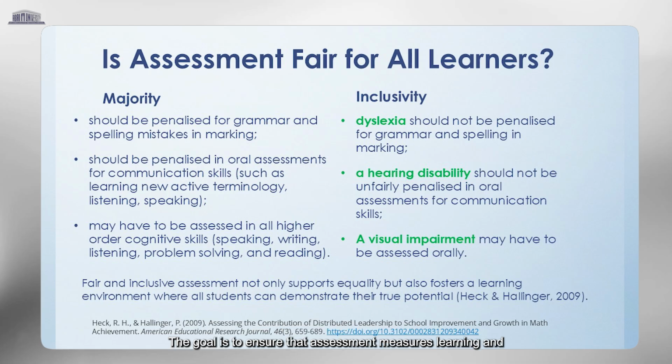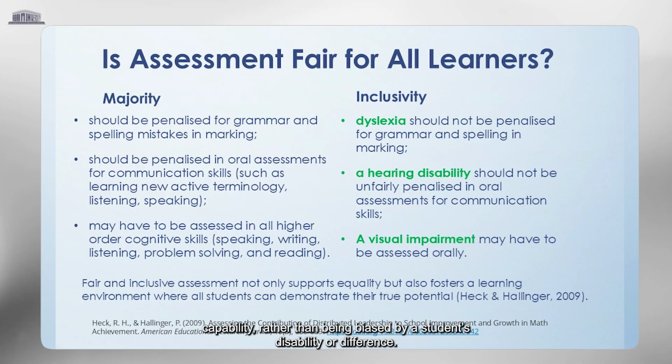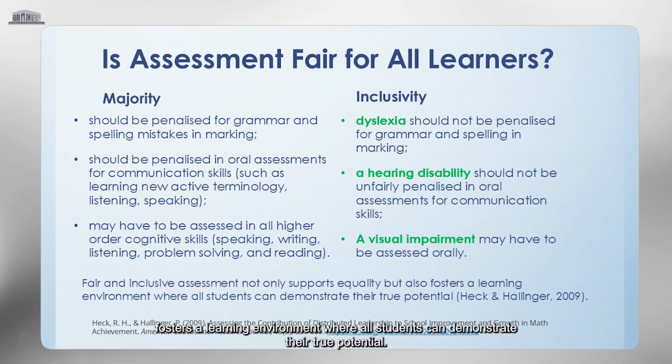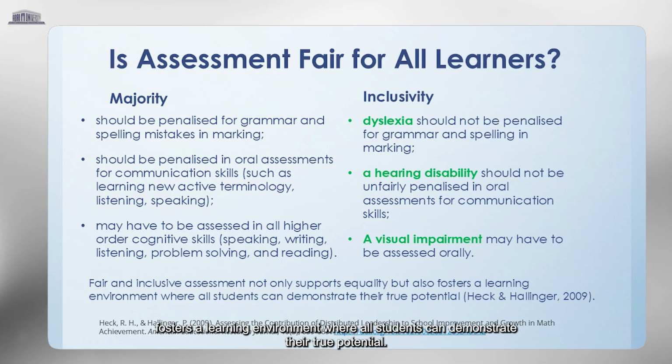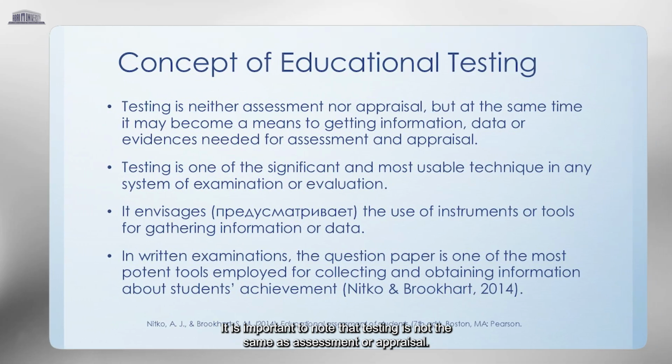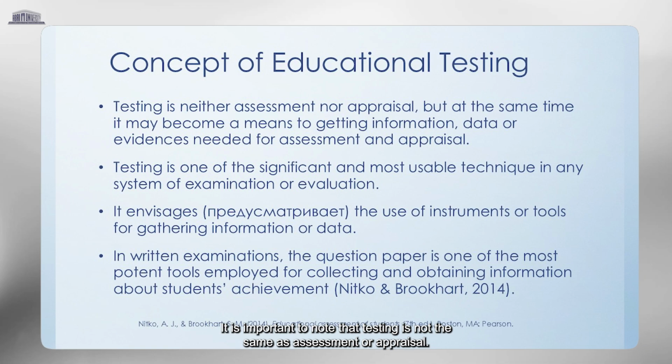The goal is to ensure that assessment measures learning and capability rather than being biased by a student's disability or difference. Fair and inclusive assessment not only supports equality, but also fosters a learning environment where all students can demonstrate their true potential. It is important to note that testing is not the same as assessment or appraisal.